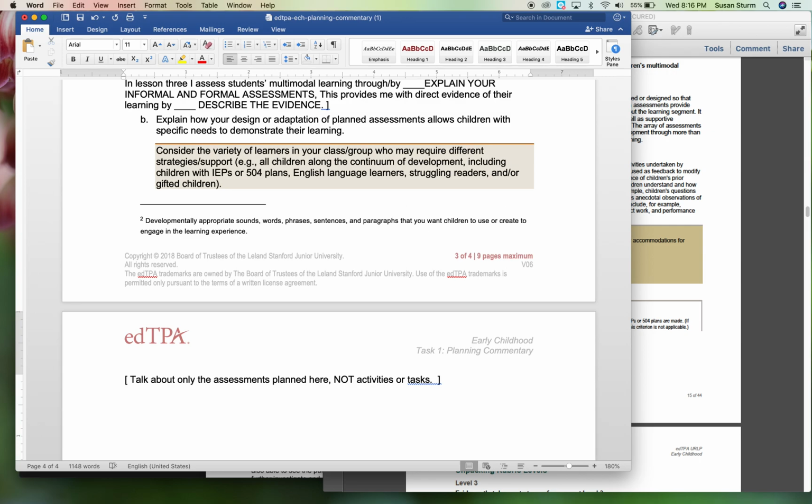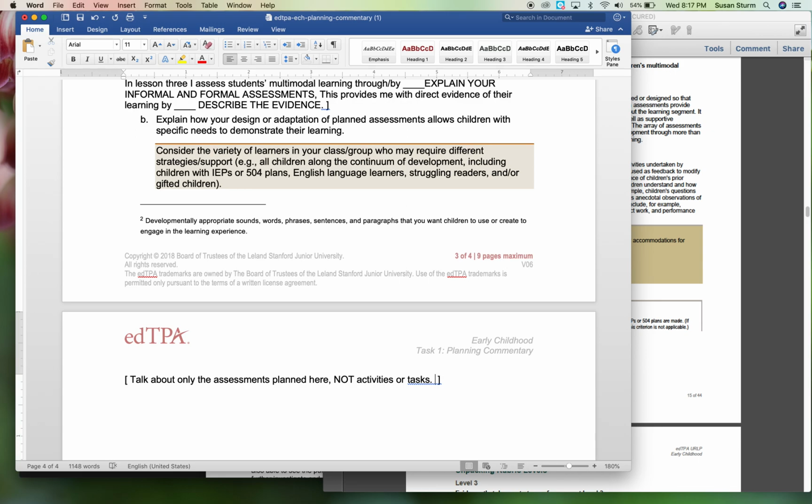So an example of this: if you've got a writing assessment and you have students in your class who are not fully capable of writing yet, do you have an alternative way to assess them? Or do you have something like a sentence starter or a sentence frame that gives them some language to follow around the writing task that you're assigning? How are you going to support them?